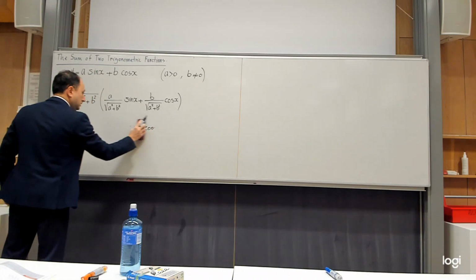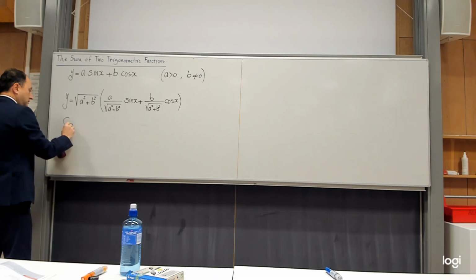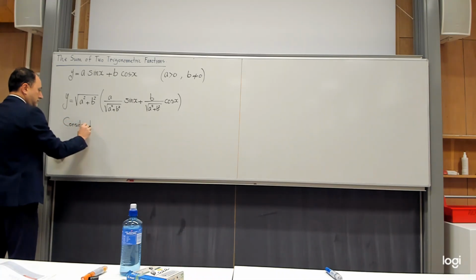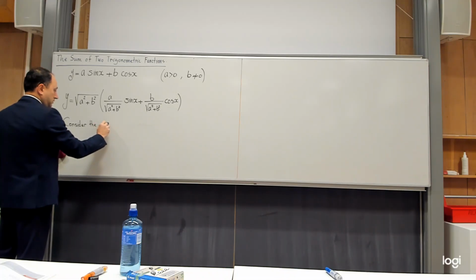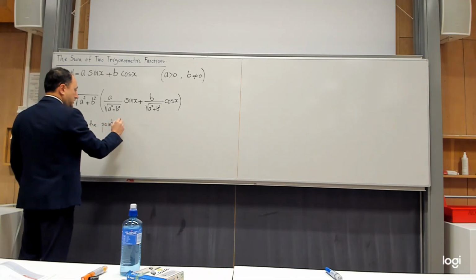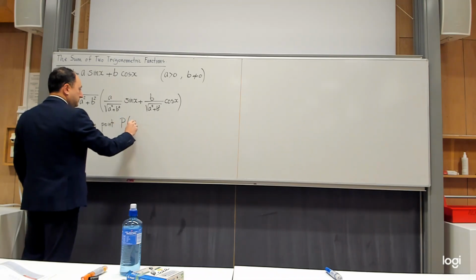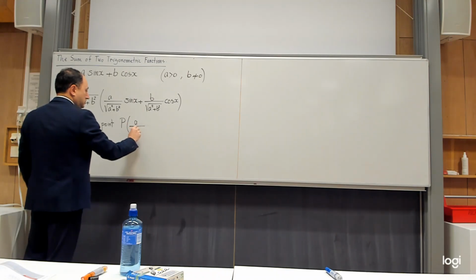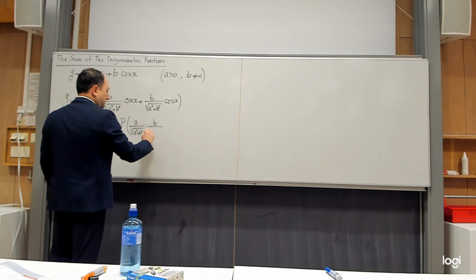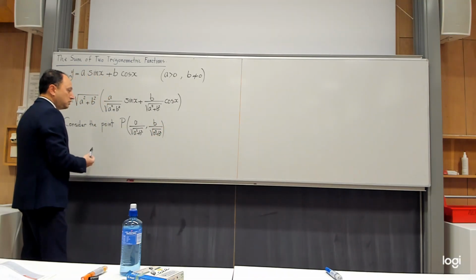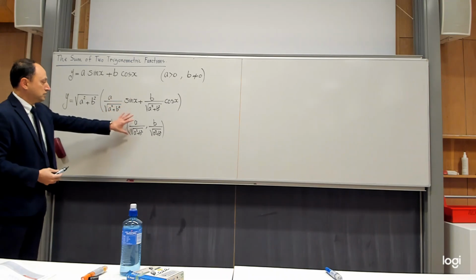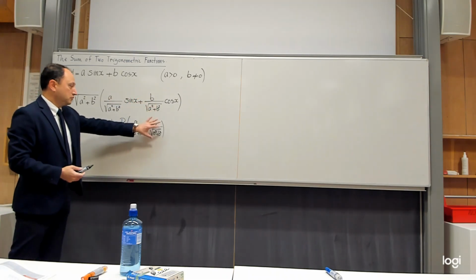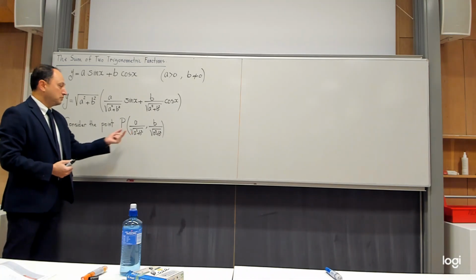Consider the point, for example, let me call it P with coordinates a divided by the square root of a squared plus b squared, and then b divided by the square root of a squared plus b squared, yes? This is a point. I am introducing a point, so I took this factor, put it as the x coordinate. I put that factor, put it as the y coordinate. So this gives me a point, yes?